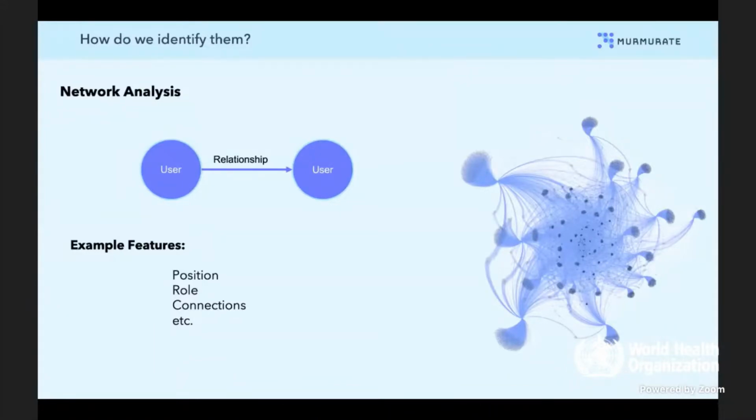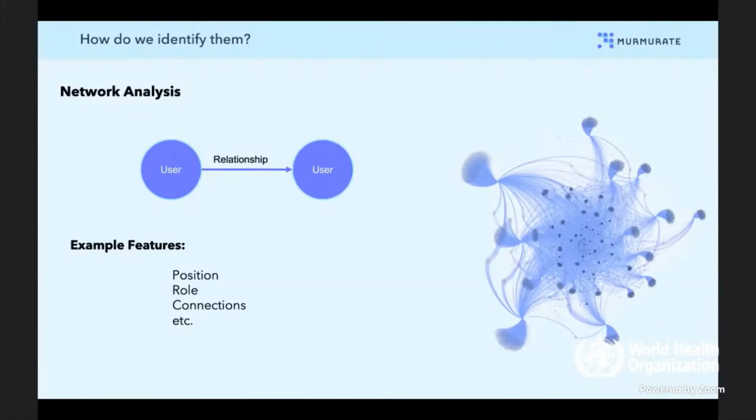When we're using this approach to identify bots, we're looking at lots and lots of different features. Just a couple of them I've drawn out are things like the position of that account within the network, the role it plays. Is it a seeder of information? Does it act as a bridge between two communities? What role does it play? And then how is it connected?